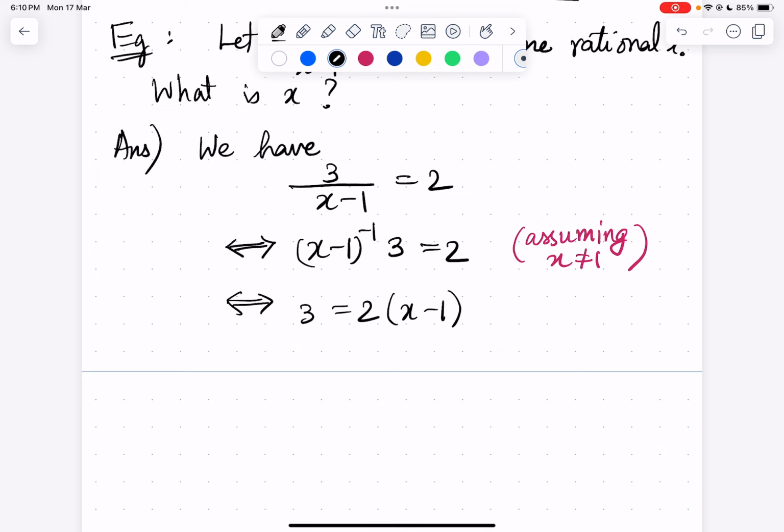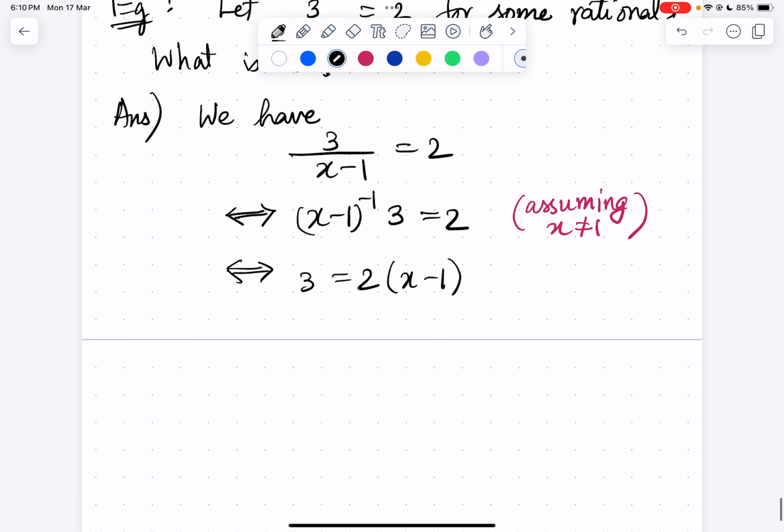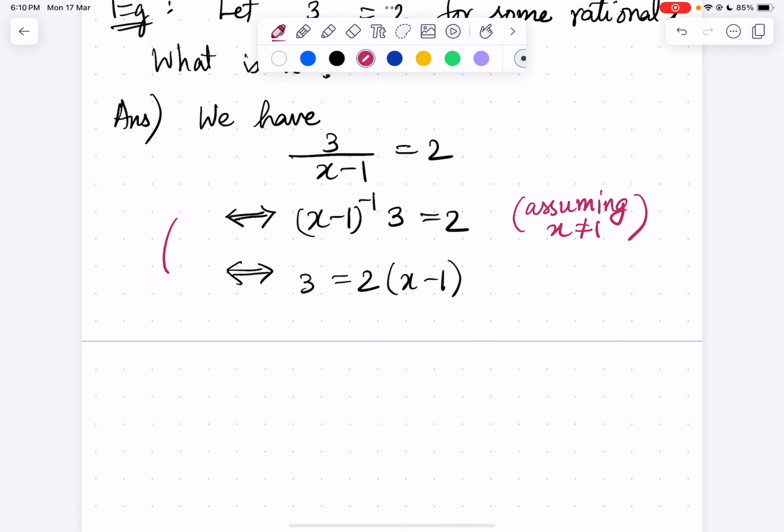To get from one side to another, you multiply by x minus 1. To get back, you multiply by the multiplicative inverse of x minus 1. So both equations are the same.